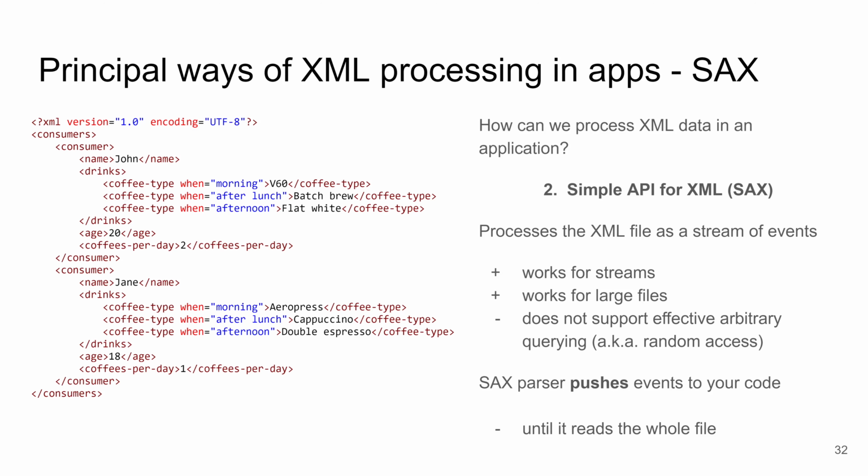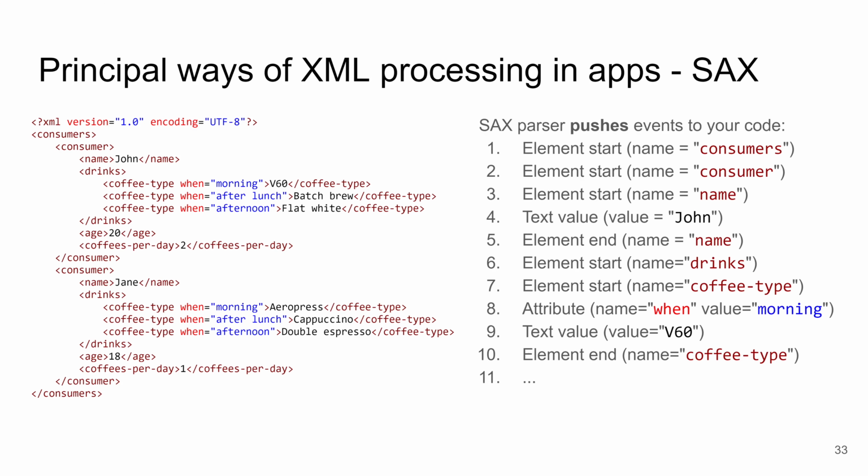As it reads the file, it will generate events like these, and you will have in your code handlers for these events, and the parser, as it reads through the XML file, will call those handlers of yours and push the events to your code. And it finishes when the whole file is read. Obviously, this works for streams. It works even for large files because the file is never loaded into memory as a whole. Of course, it doesn't allow you to query the file in an arbitrary fashion, at least not effectively.